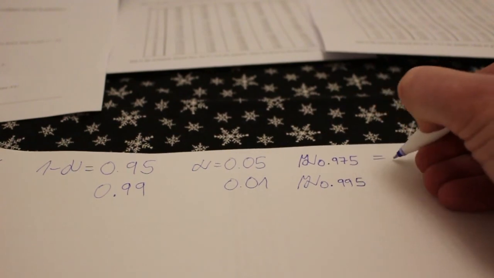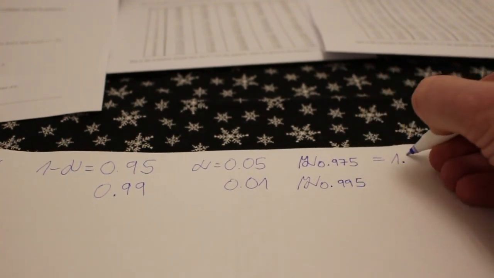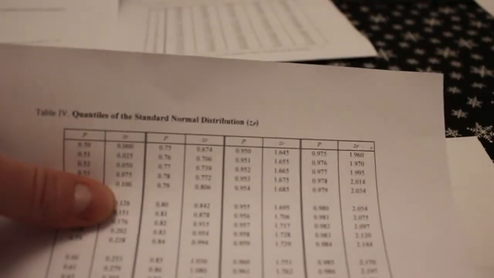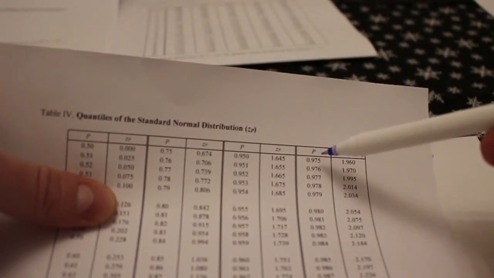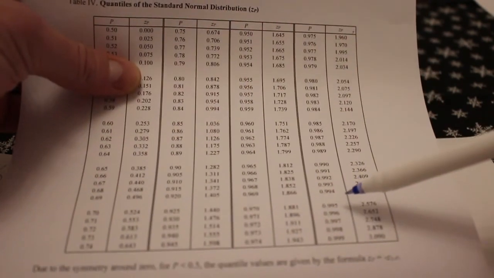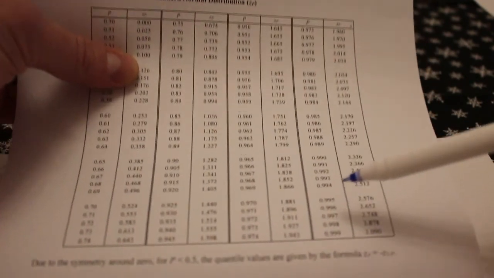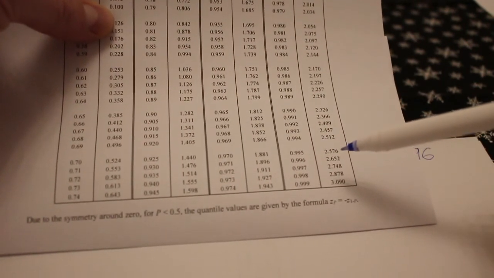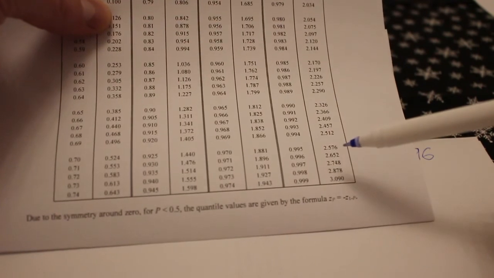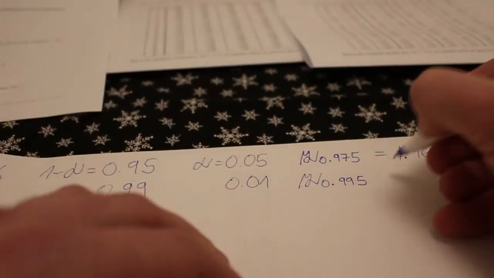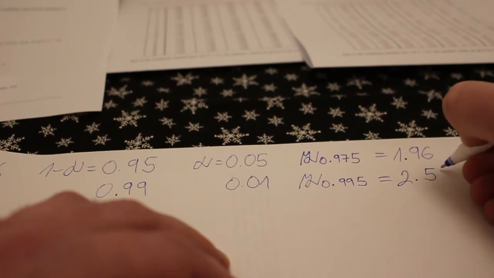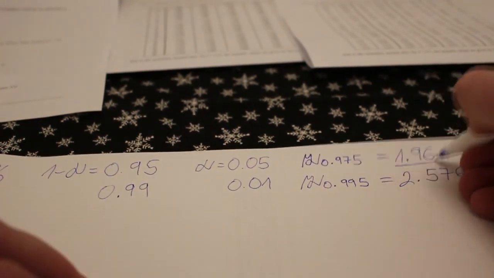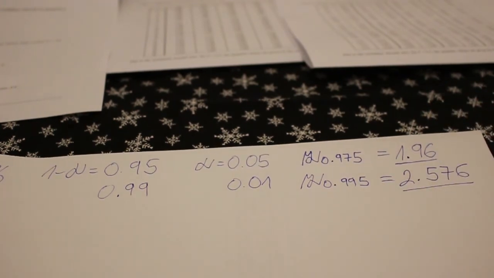You already remember that this quantile is 1.96. If you don't believe me, you can check the tables here. And 99.5% is written here. The size of this quantile is 2.576. So now we know everything.